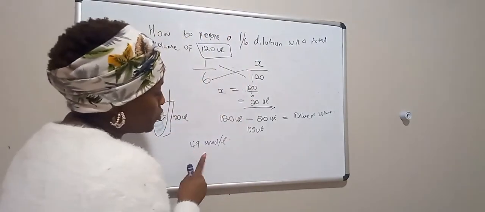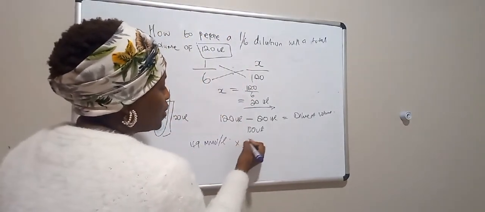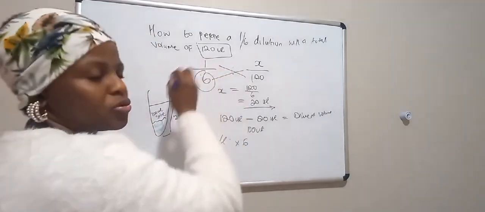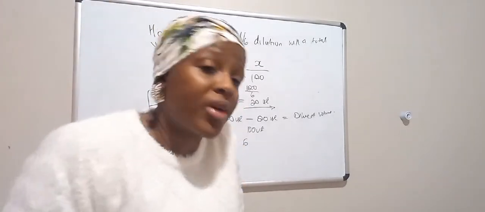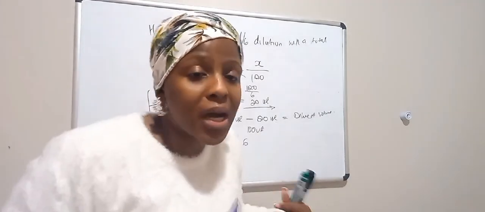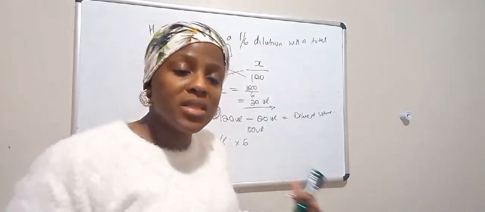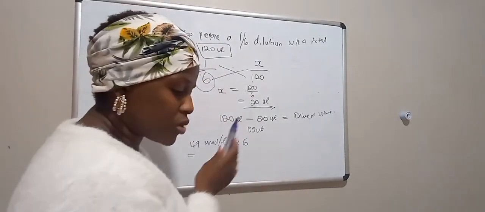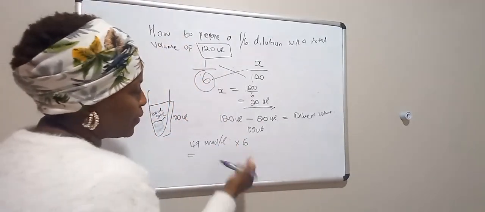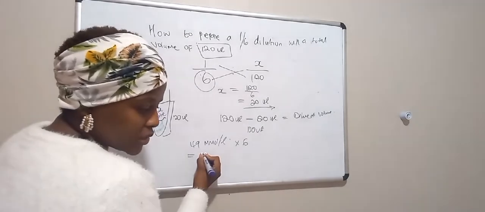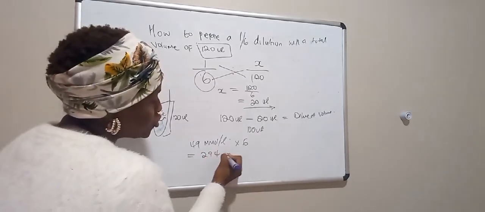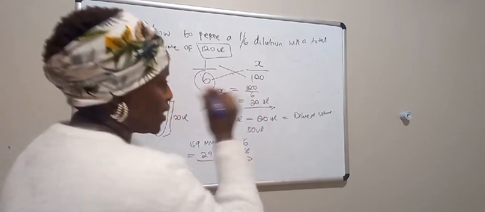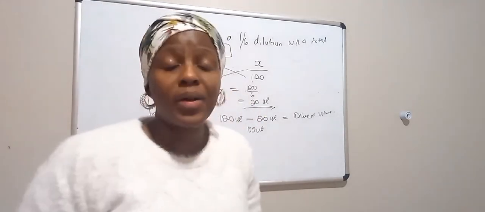So you take this 49 multiplied by 6, because your dilution factor is 6. We don't have to calculate the dilution factor, because the question told us to prepare a 1 in 6 dilution, so it's given. It's going to be 49 multiplied by 6, and your final result becomes 294 millimoles per liter, and then you get your full marks.